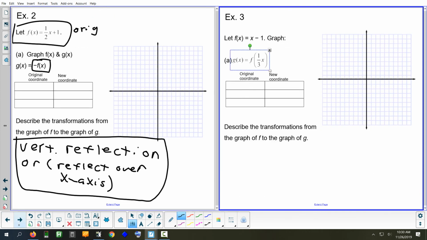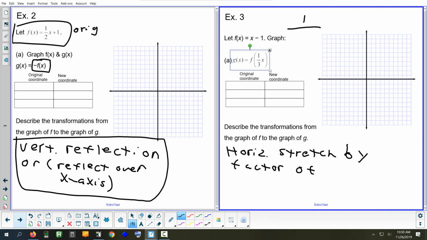Okay, so let's write that down. Horizontal stretch by factor of, and what was it again? 1 divided by number. What's my number in this problem? 1/3.